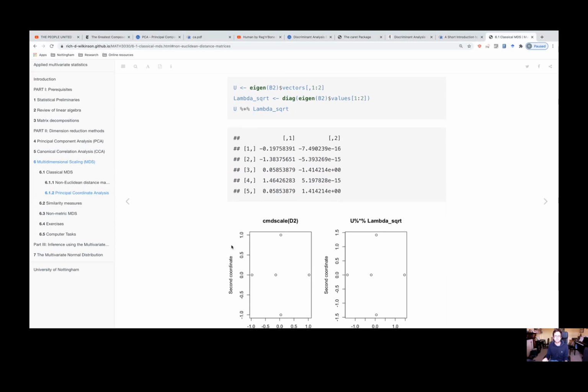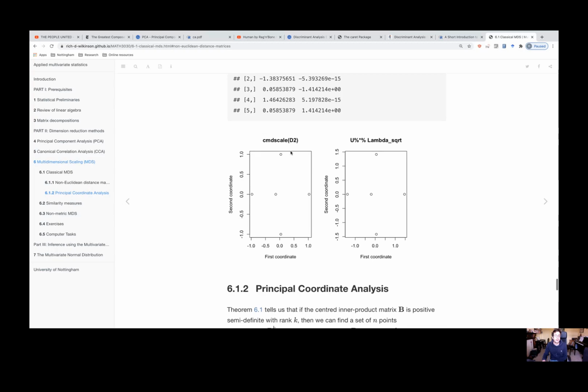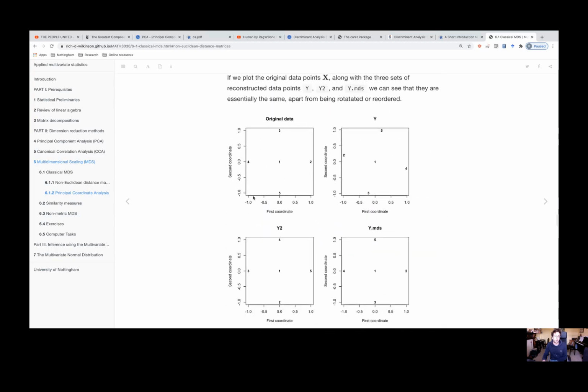If we plot these 2-dimensional points, we get a set of points that is approximately similar to what we had before. But we know it can't be exactly the same because there is no set of points that will exactly give us the distance matrix D2. So these points look like the points we had before, but the distances are slightly off. It's an approximation.